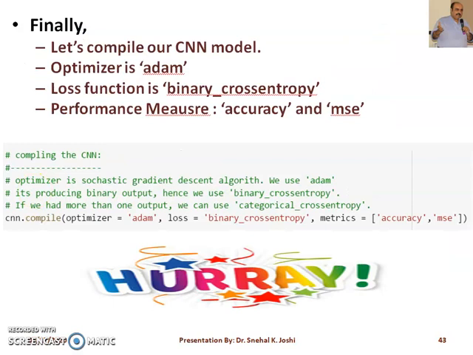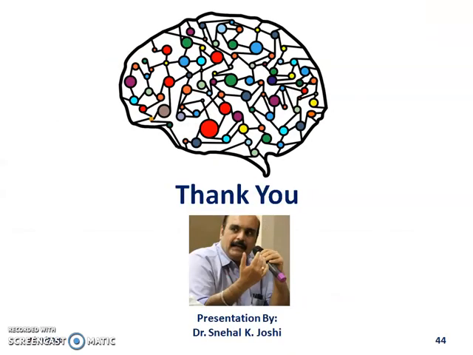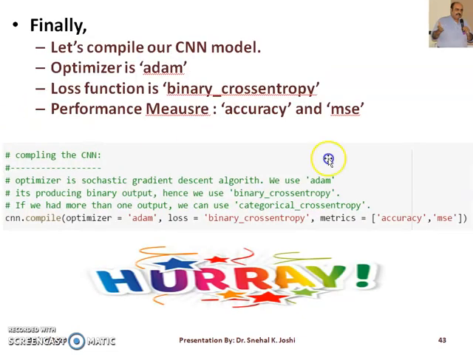Finally, we wish to measure the performance of our network. So using our performance metrics, we will specify accuracy and mean square error as performance measures. So here is our compile code that compiles our CNN.